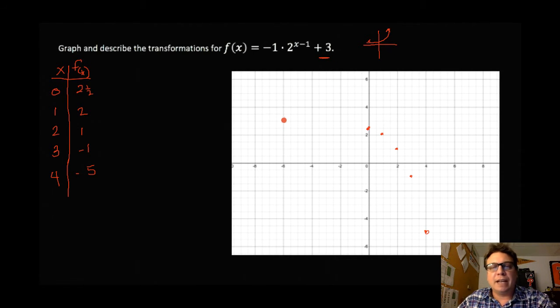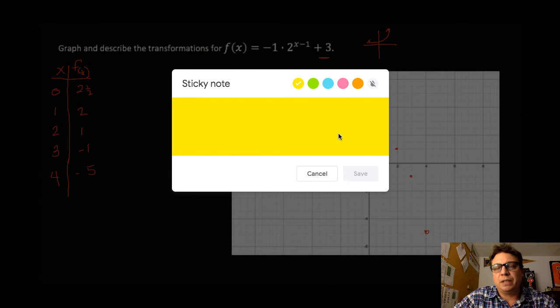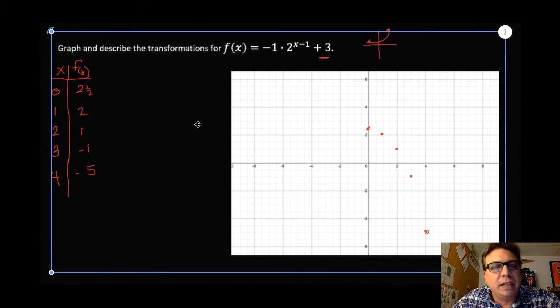So we're going to have a horizontal line that is my asymptote, and that's going to be at 3.